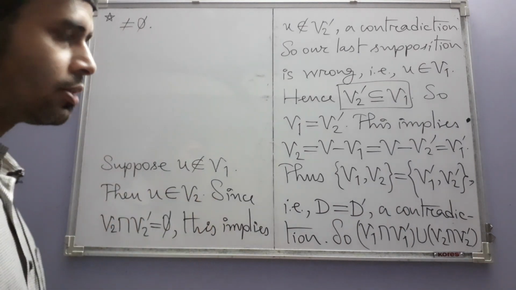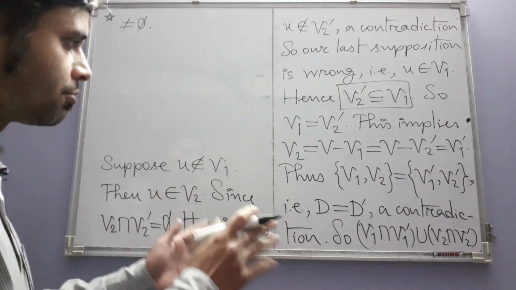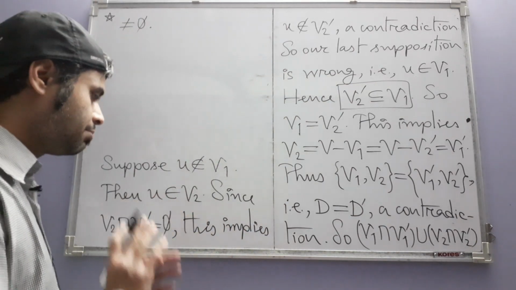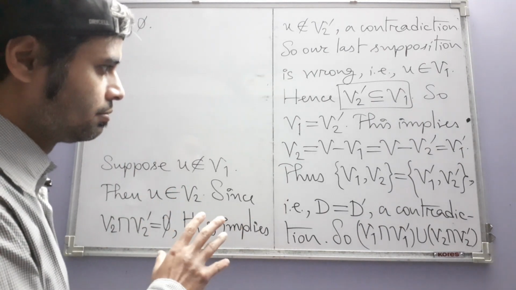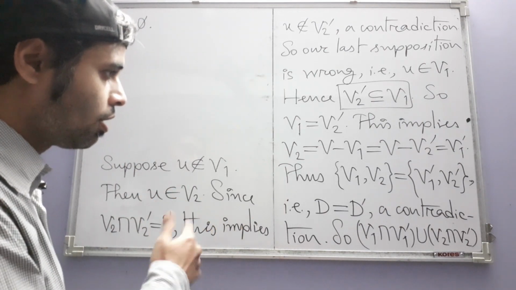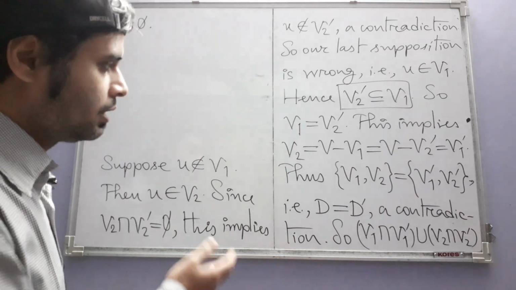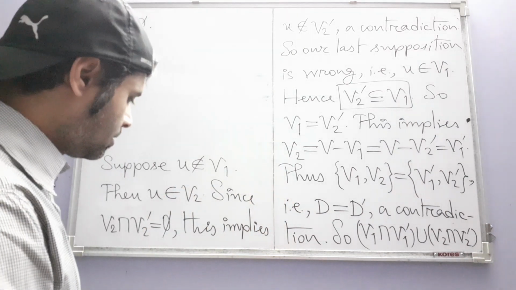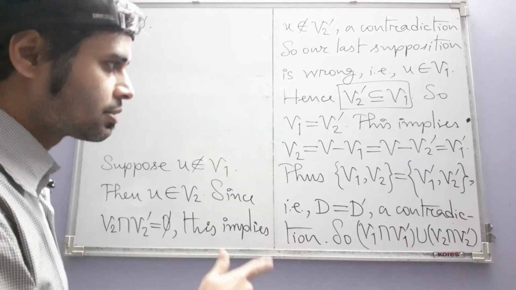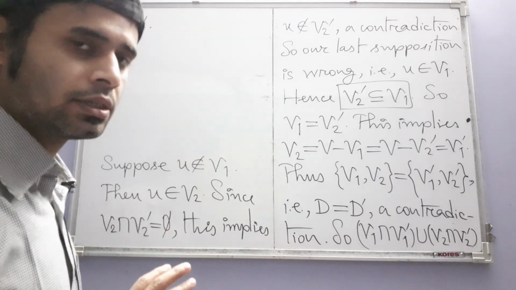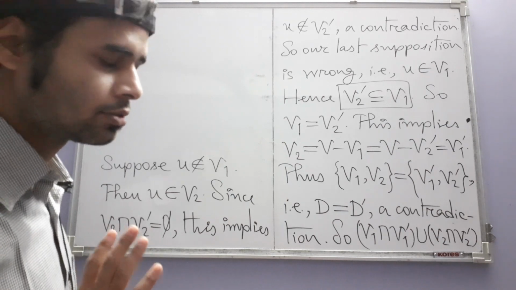Now before we continue the proof, let me tell you something about the logic. In this kind of proofs, often when we find something difficult to prove, we just suppose that the negation is true and arrive at a contradiction.